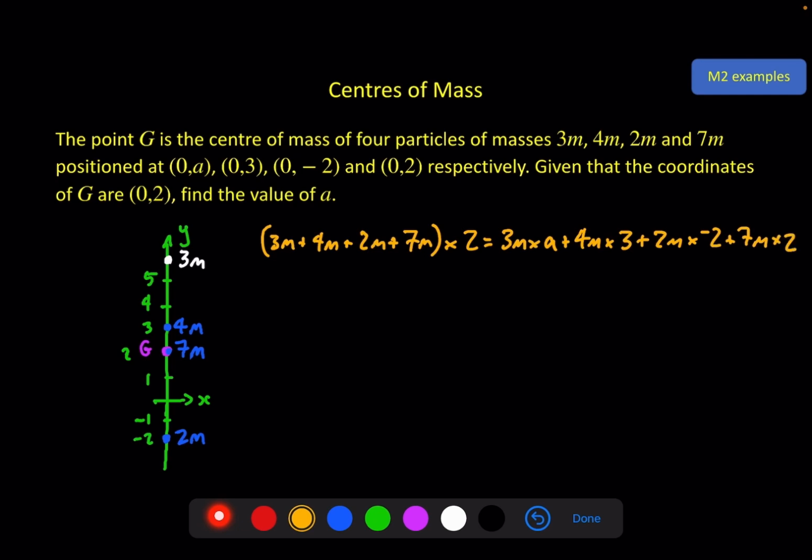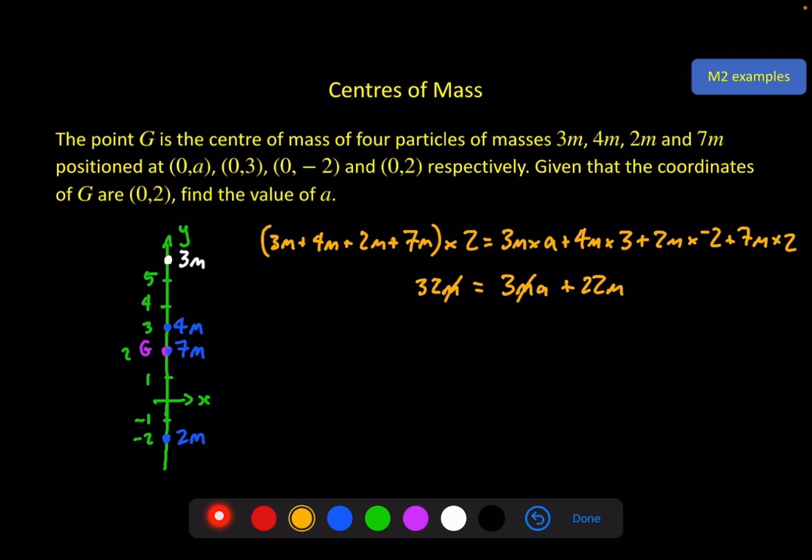So we've got 2 unknowns here, m and a, but the m's are everywhere, so they are going to cancel out very nicely. This gives me a 32m on the left, a 3ma, and 22m here.